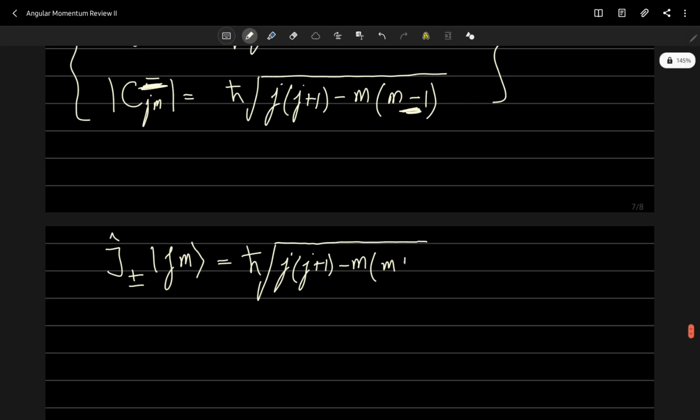So m plus minus 1. And we would get the states as j as it is and m plus minus 1. So the increment or the decrement is in m. And with this, then we have all the tools that we would need from angular momentum now.